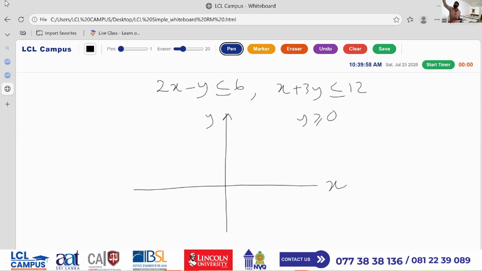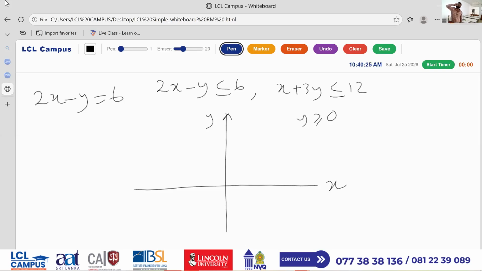First one, I am going to take the 2x minus y equals 6 line. Here the inequality is there, less or greater. First we want to draw the 2x minus y equals 6 straight line. To draw the line, only 2 coordinates are enough, no? Plot only 2 coordinates, and after connecting, we can complete the straight line.